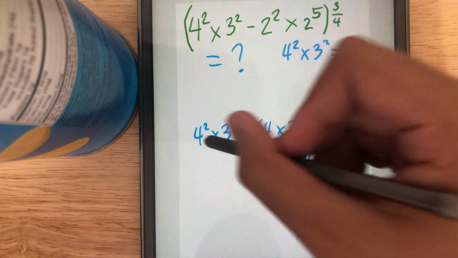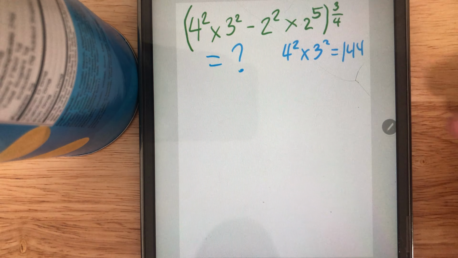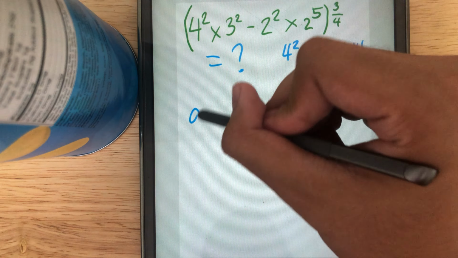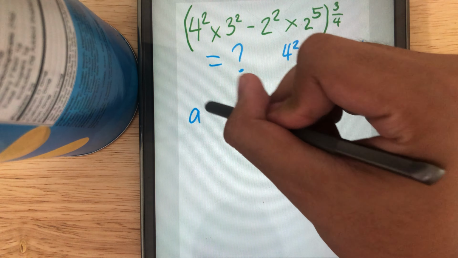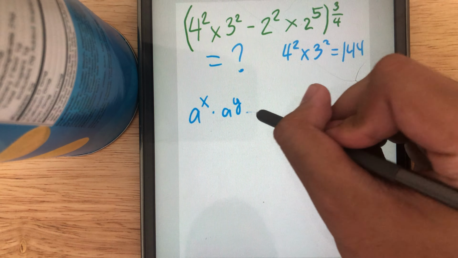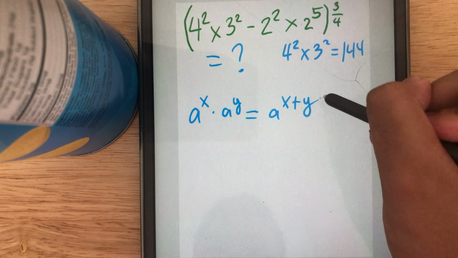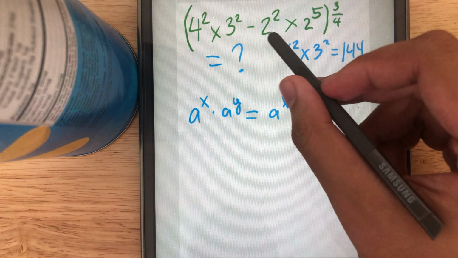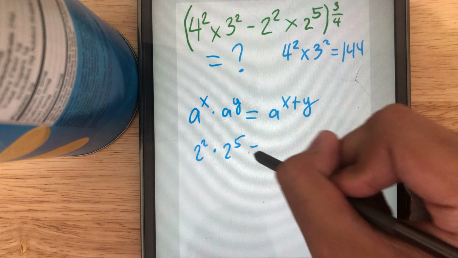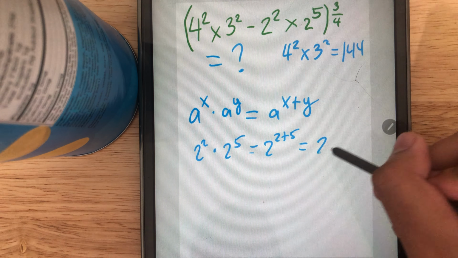If we follow the order of operations, we have to multiply this first. Let's recap the exponent product rule. That is a power x times a power y is equal to a power x plus y, which means that 2 squared times 2 power 5 is equal to 2 power 2 plus 5, which is 2 power 7.